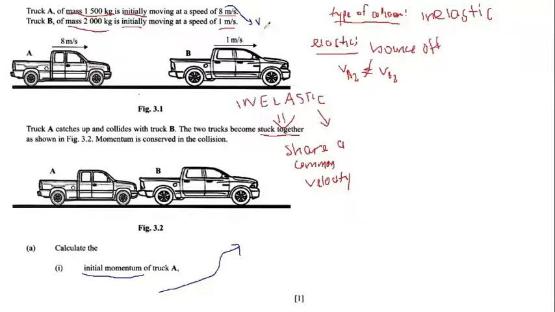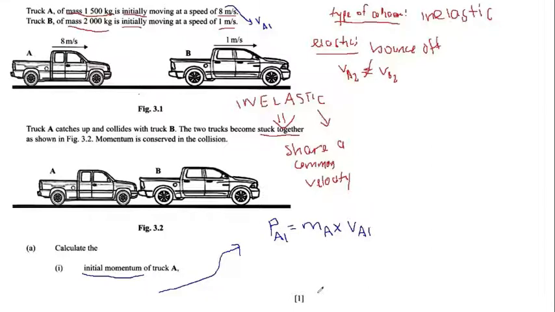This is truck A, so velocity A1, the initial velocity of truck A. We want to find the initial momentum of truck A. So I'm going to say momentum A1 for initial momentum of A. And that's equal to the mass of truck A multiplied by the initial speed, VA1, of truck A.